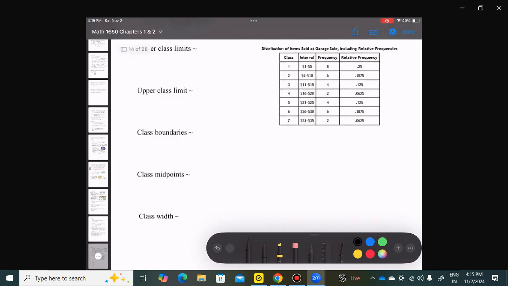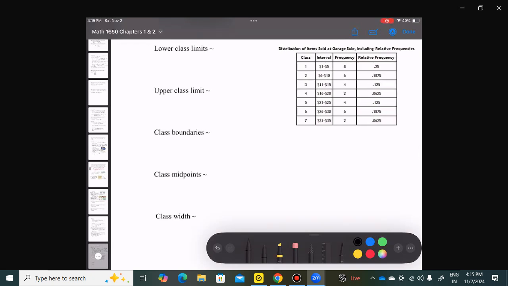Now, with this, the lower class limit. Okay, we're going to be looking at this column here. These are the lower values in each class. So 1, 6, 11, 16, 21, 26, and 31. Okay, that's this side.